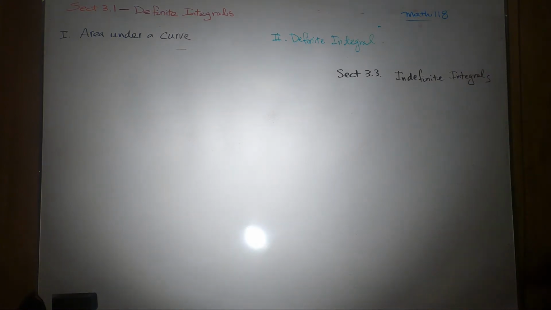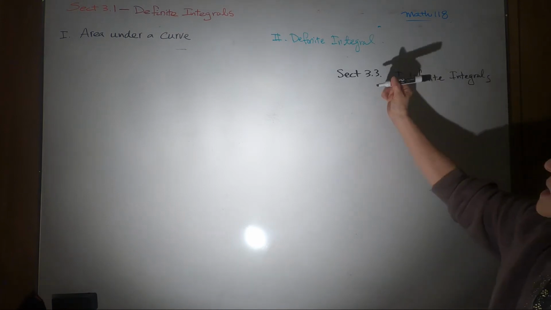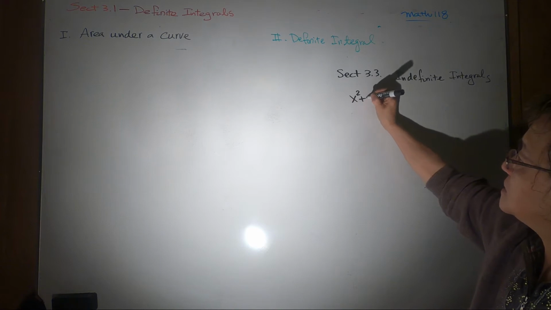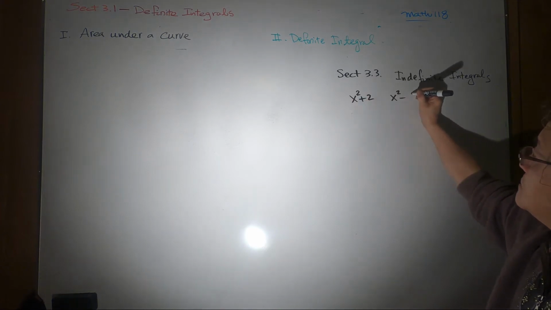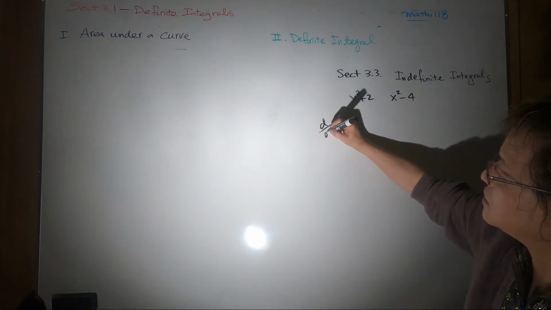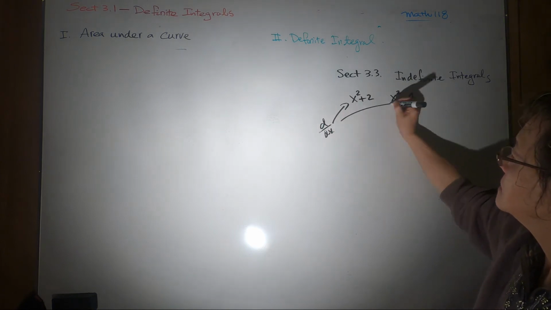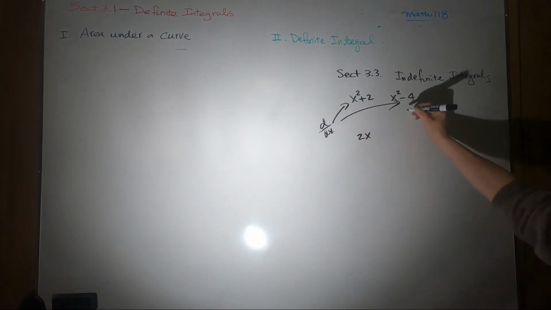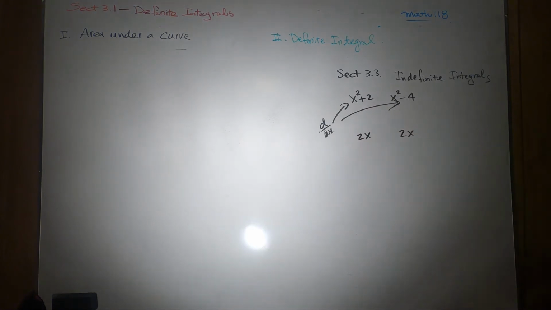What's the difference? Because in the previous section, we said x squared plus 2 or x squared minus 4. When we take a derivative of those, right? This one becomes what? 2x. Both of them are 2x.